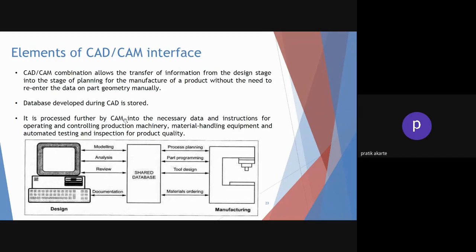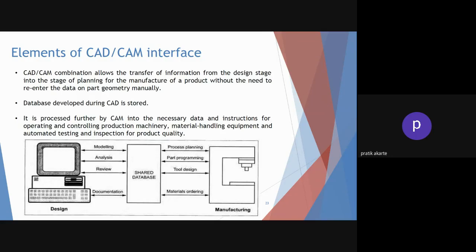So modeling data, analysis data, review data, documentation, whatever data is generated, here we can see the shared database, and that database can then be exchanged for process planning, part programming, tool design, material ordering, etc. So every feature of manufacturing is covered in this, and this data is traveling in two directions.